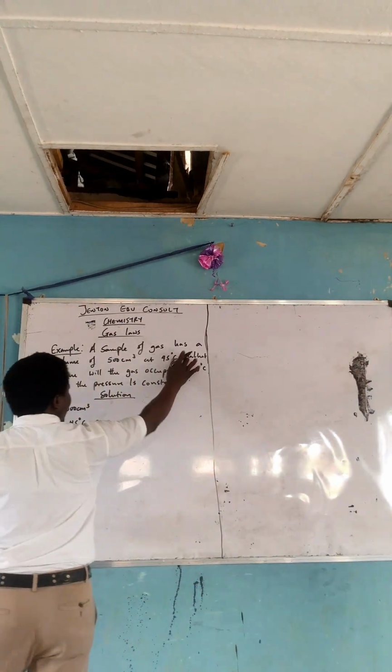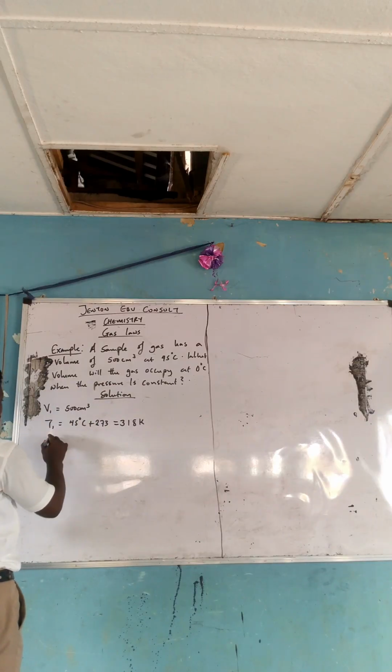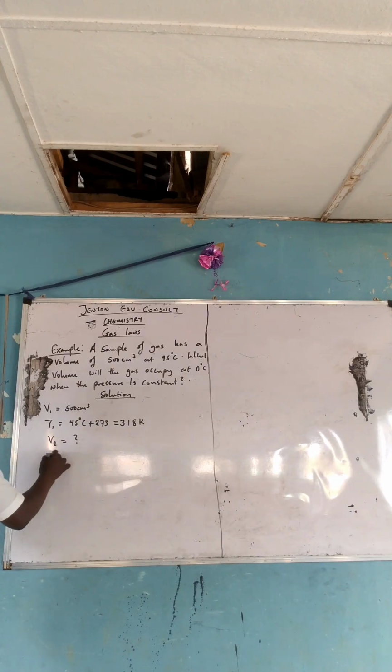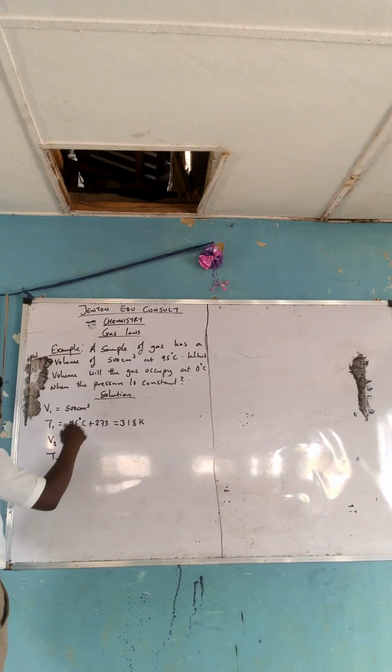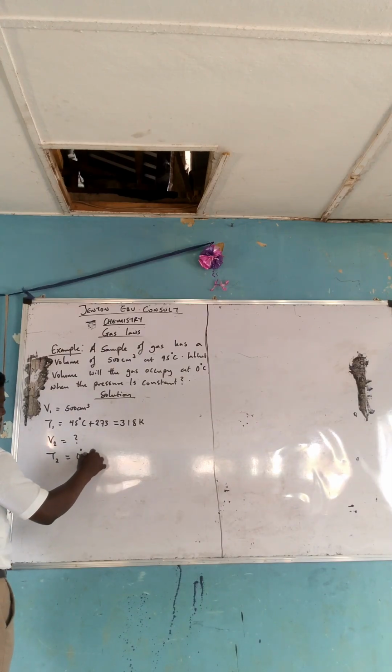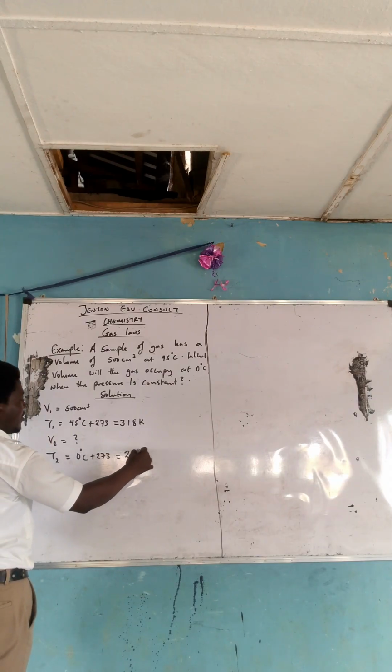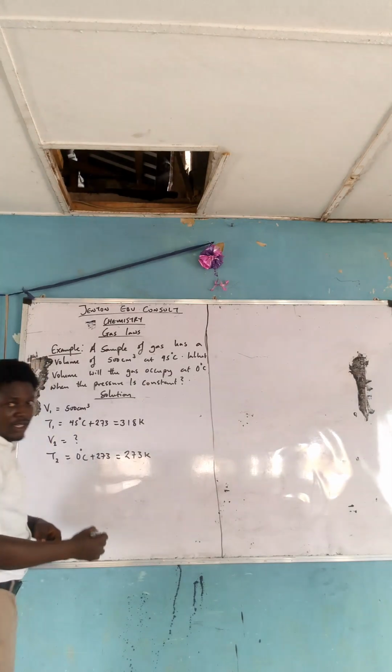Now, reading further, it says, what volume? So we are looking for the second volume. What volume will the gas occupy when the new temperature is 0 degrees Celsius? Adding 273 to convert it to Kelvin, we'll be having 273 Kelvin.